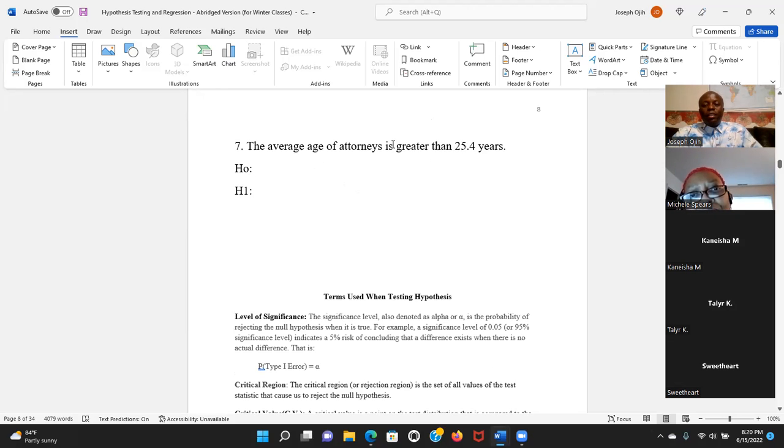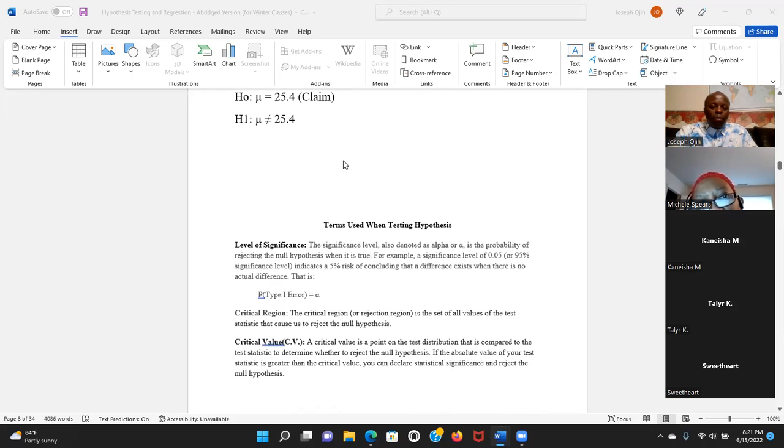So you say "is" again, which means the mean equals 25.4 years, which is the claim. The alternative is the mean is not equal to 25.4 years. So this is how to state the hypothesis: use the correct parameter and get the hypothesis.